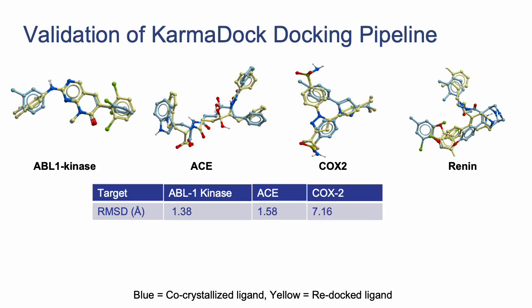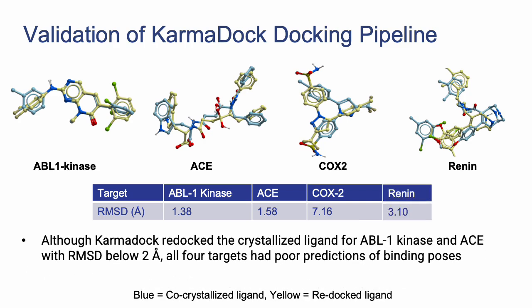COX2 had a value of 7.16 angstrom, and renin had a value of 3.1 angstrom. While KarmaDoc performed reasonably well for ABL1 kinase and ACE, COX2 and renin showed poor prediction of binding poses with incorrect placement of key functional groups as shown in the image.